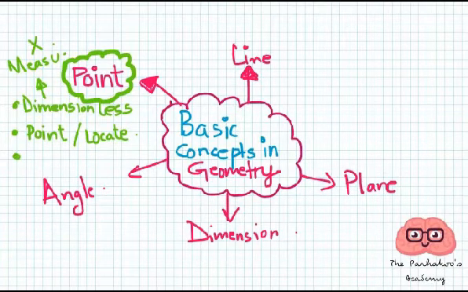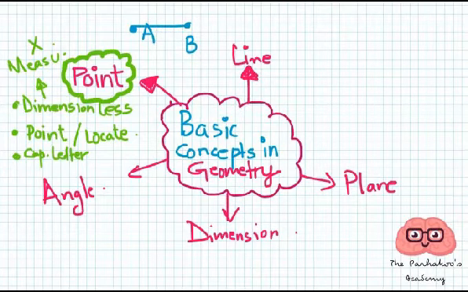It is labeled by using a capital letter, like point A. A car moving from point A to point B. So it is basically specifying the location.